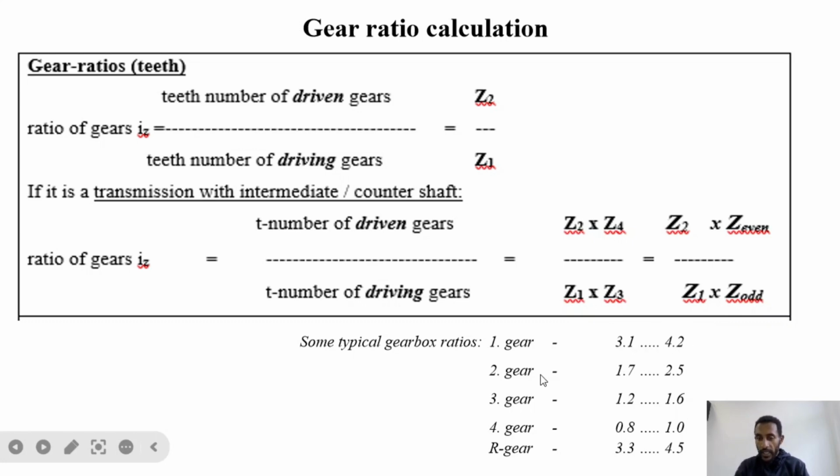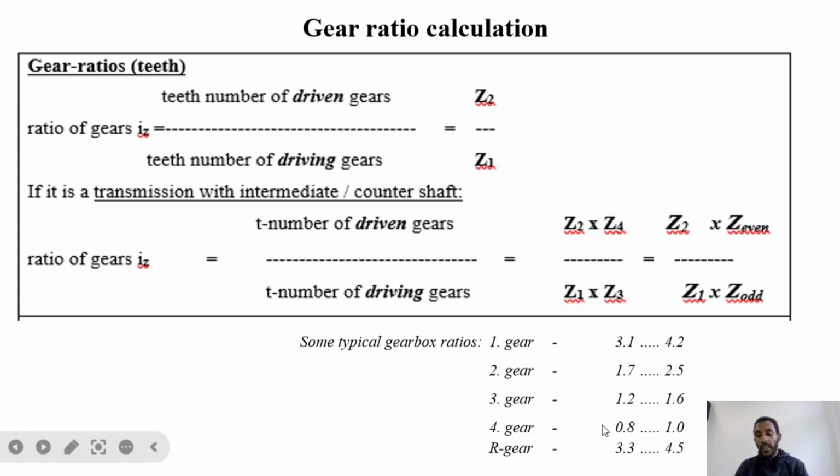If we observe second gear, 1.7 to 2.5, which means 1.7 to 1 and 2.5 to 1, at different engine models. When we come to fourth or overdrive, this gear will be very big and this one will be small.